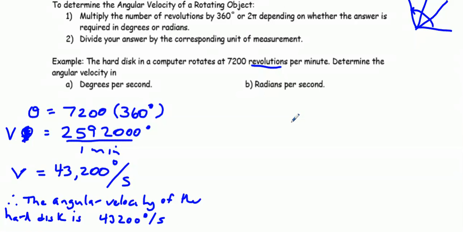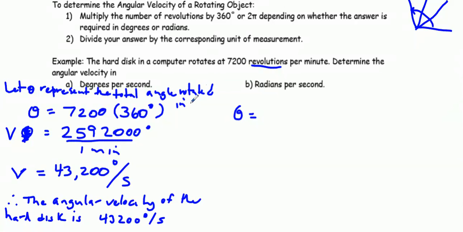Okay, now let's get it in radians per second. So again, we probably should say, let theta represent the total angle rotated, in this case in degrees. And over here then, let's go to red.